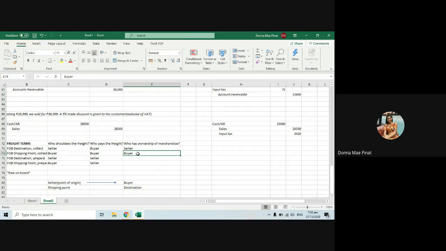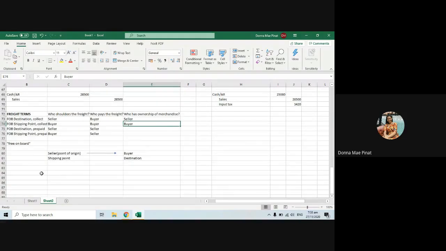Example lang ha. Buhat ta diri. So, example, NVM seller daw kuno si NVM.